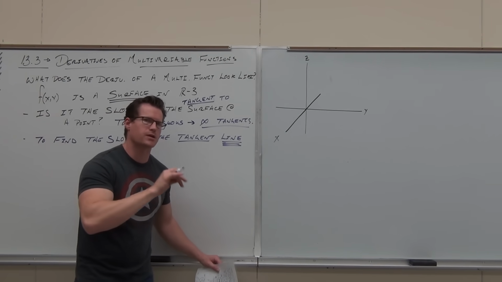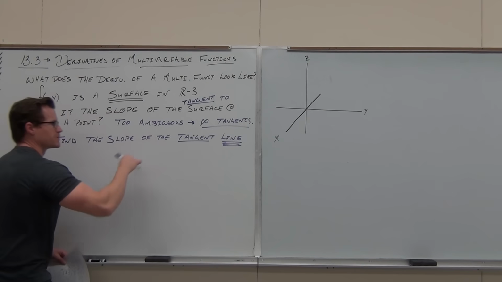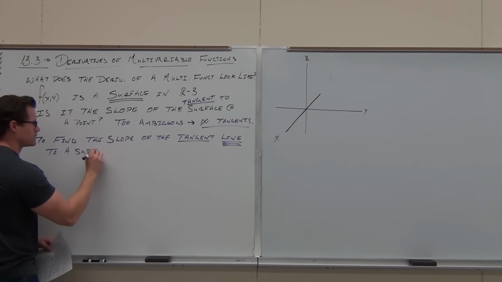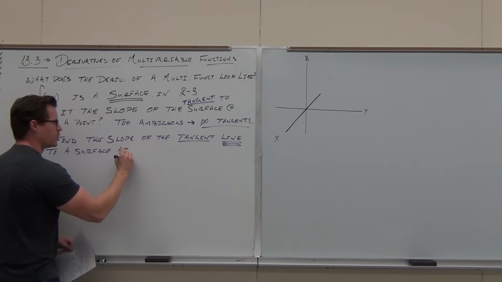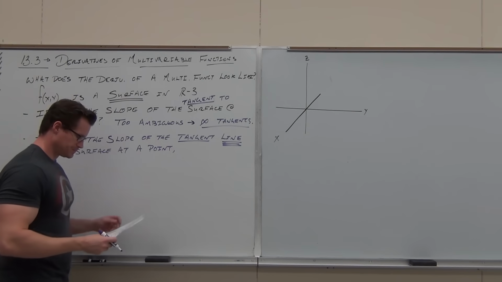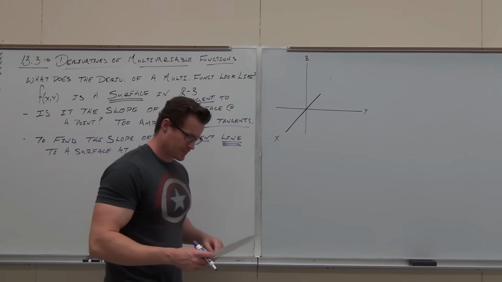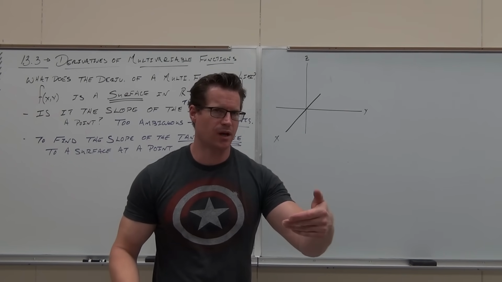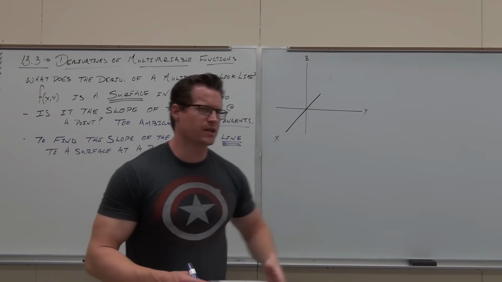We do it later. Find the slope of the tangent line to a surface at a point. I have to give that tangent line a direction. I've got to say, I'm going to restrict it.